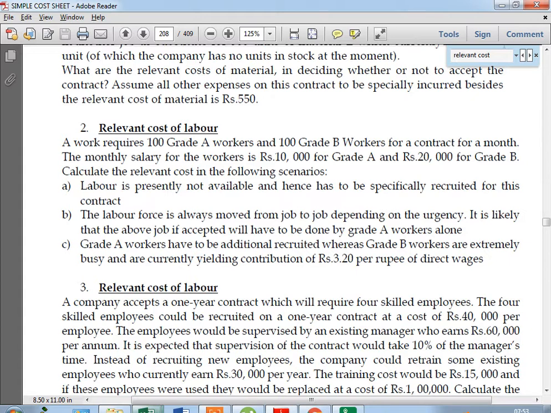Now, the normal understanding of the word contribution is that it is after deducting labor cost, so I'm adding it back. If they say that without considering labor cost you are earning 3.2, then the contribution is 64,000 and wages payable is 0.